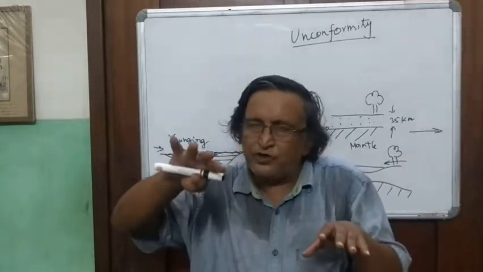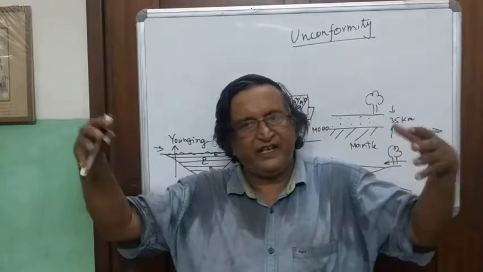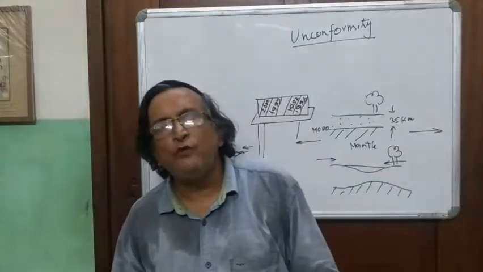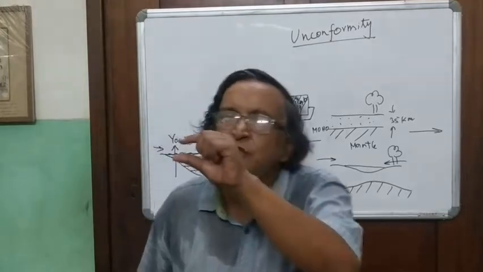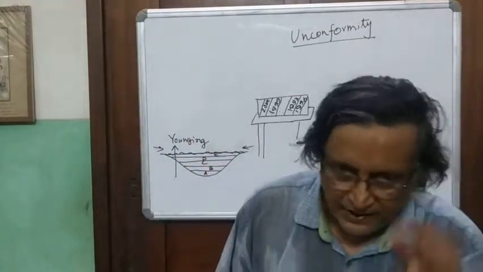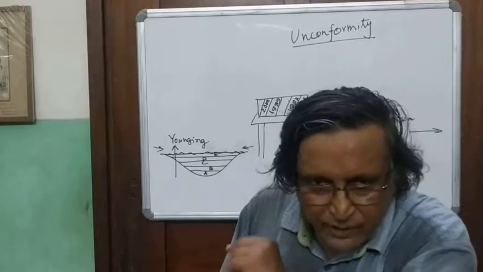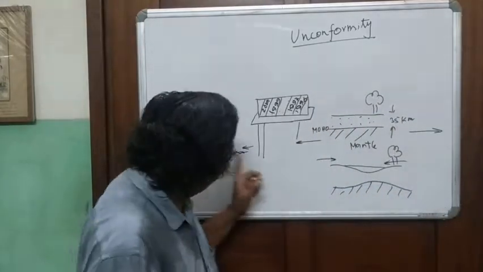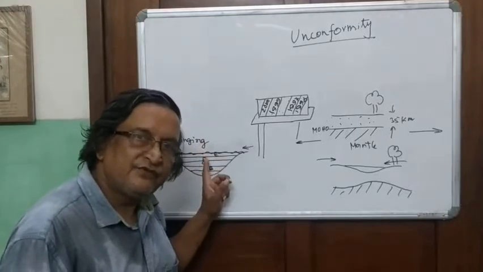But as we approach the winter and come to the summer, where there is hardly any water in the river, there is a time when there is no deposition, right? When there is no deposition, that time is lost in this sequence.